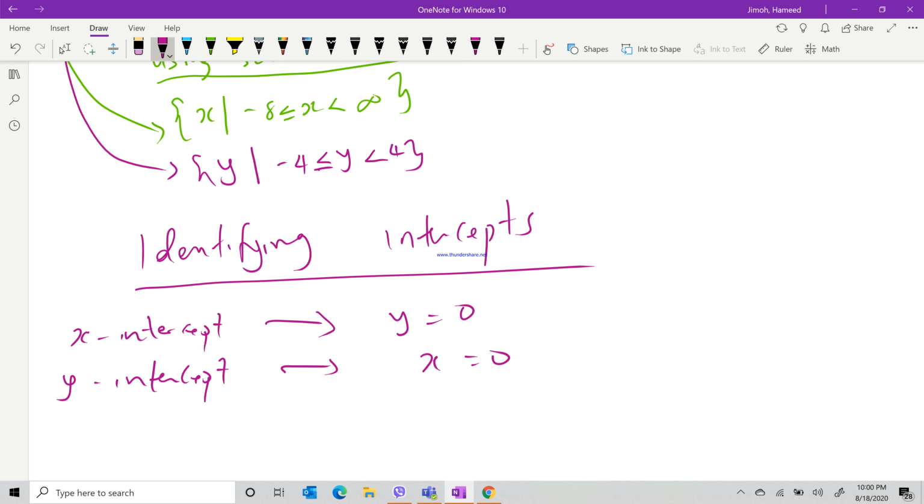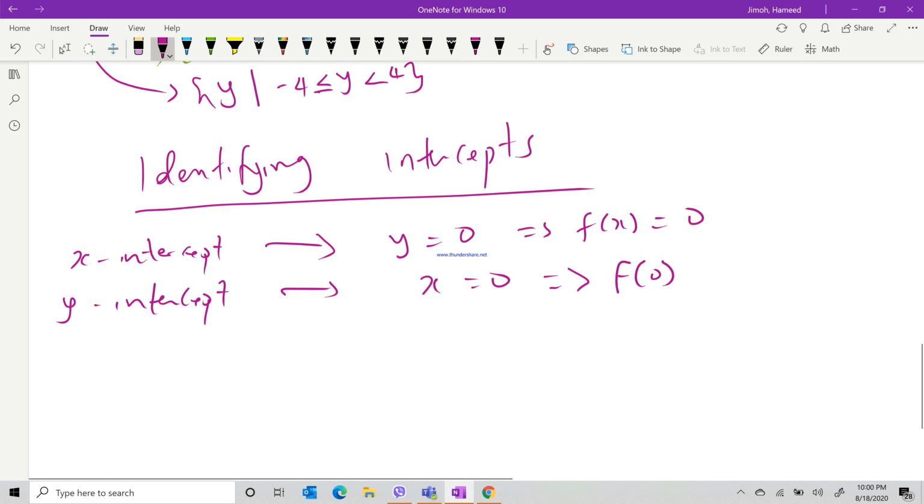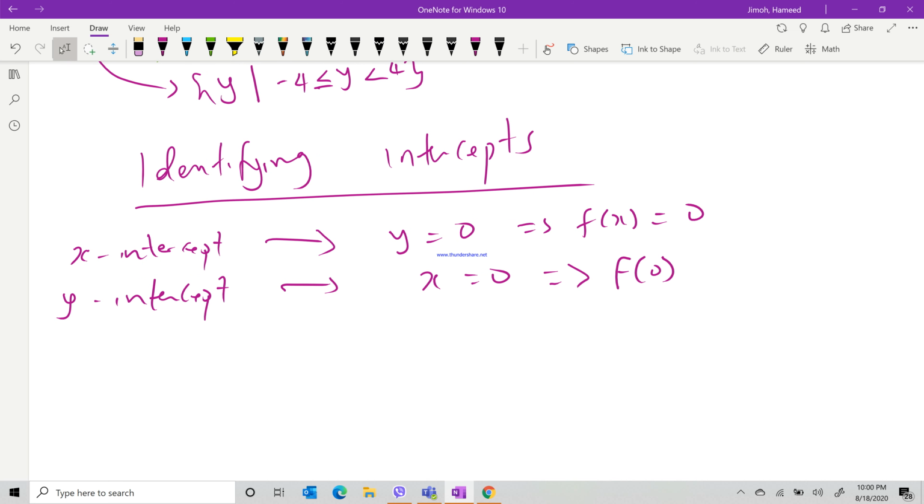Of course, because we are saying function, we could say this is where f of x equals 0, and this is where we're looking for f of 0. So if you want to find the y-intercept, just plug in x equals 0. And if you want to get the x-intercept, just plug in y equals 0.